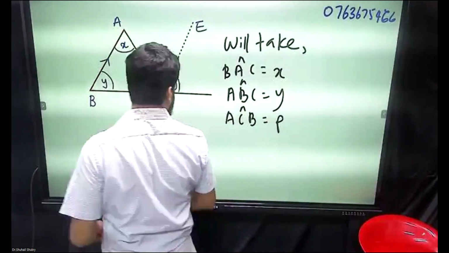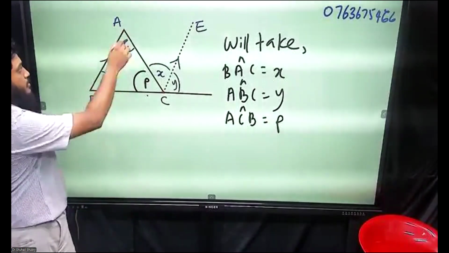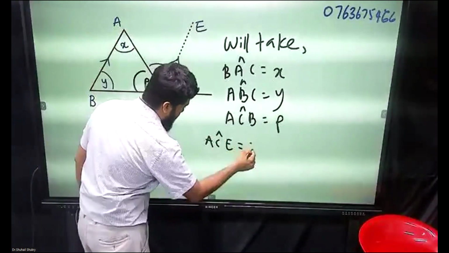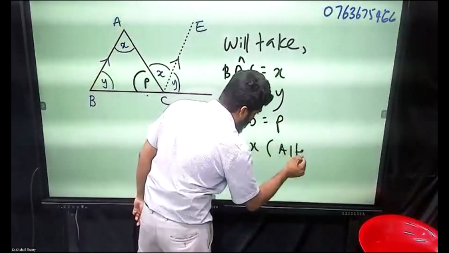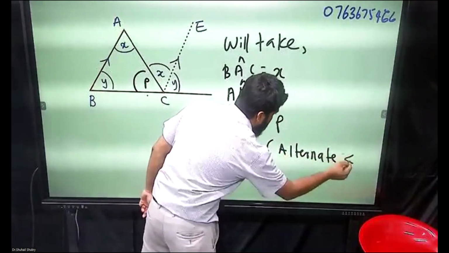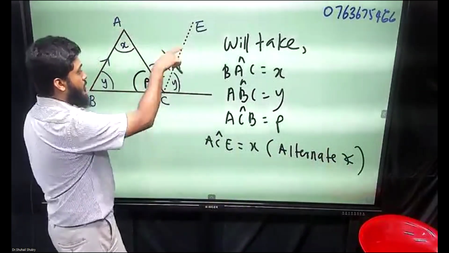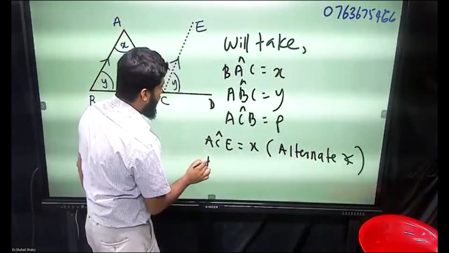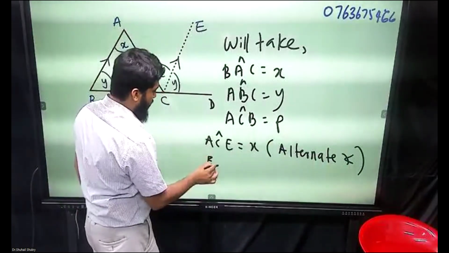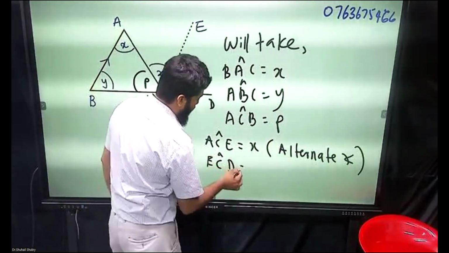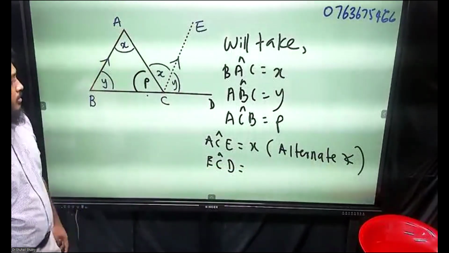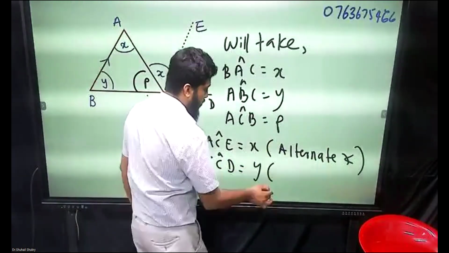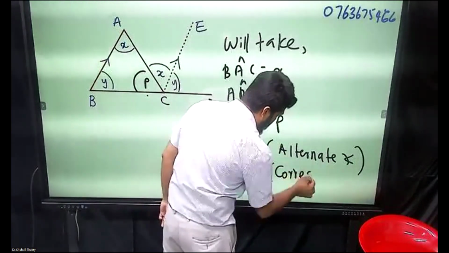After that, you have to say this ACE, same way. ACE equal to X. Reason, alternate angles. The other one, ECD, equal to Y. Reason, corresponding angle.